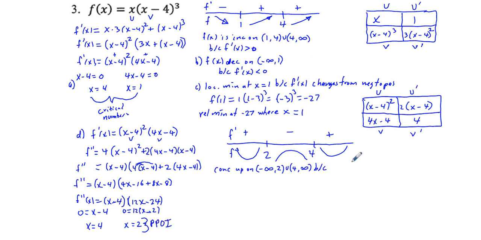Because f double prime of x is greater than 0. And then concave down on the interval 2 to 4, because f double prime of x is less than 0.